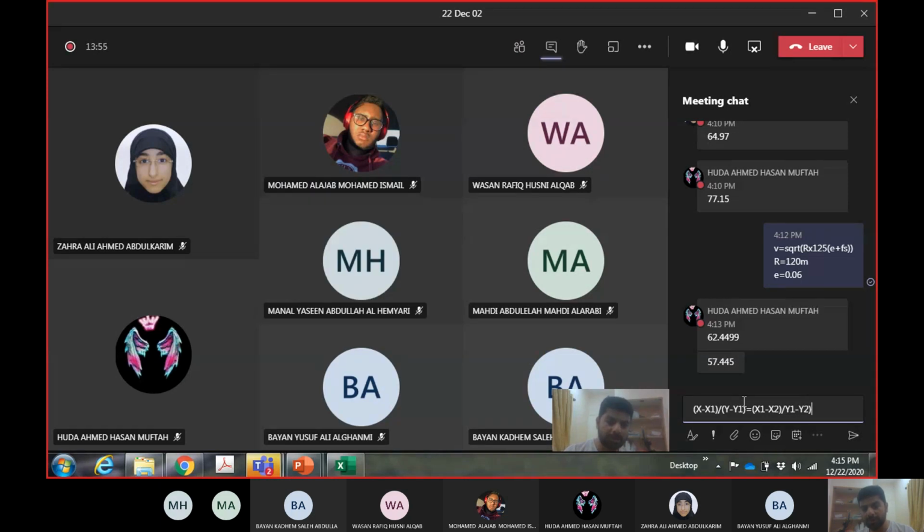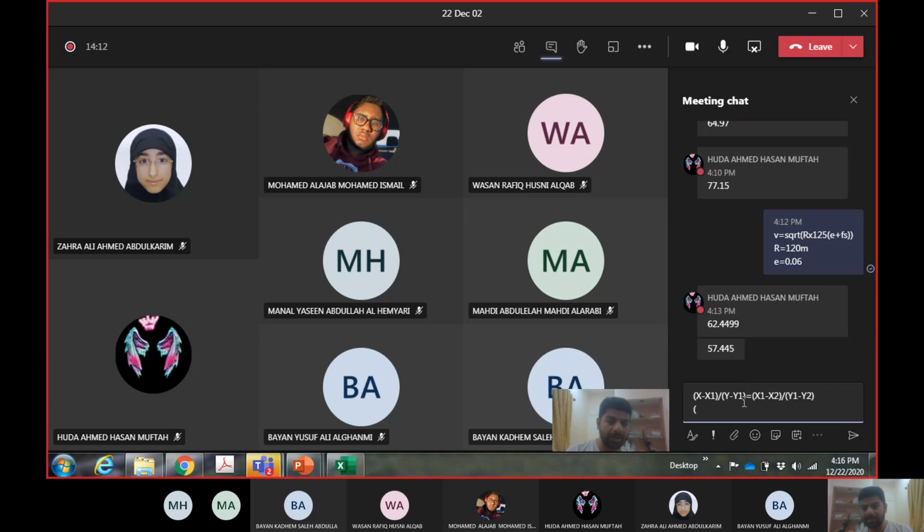So this was the equation. Let's say x is the speed and y is the Fs. So I'm trying to calculate y here. So x is the speed, 57.44 minus x1, which will be 48.